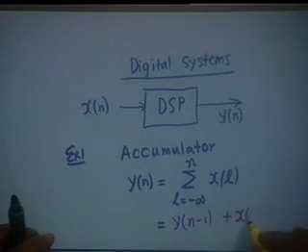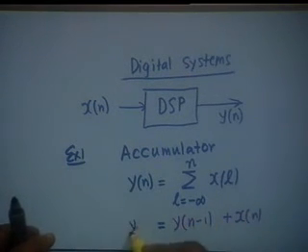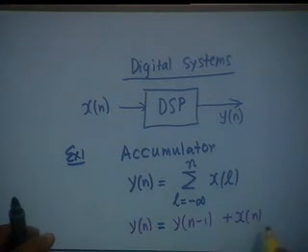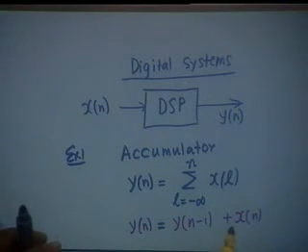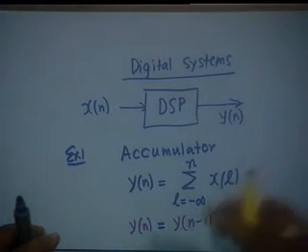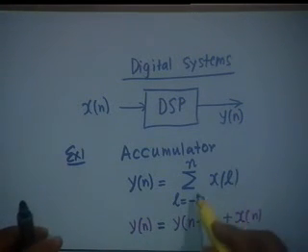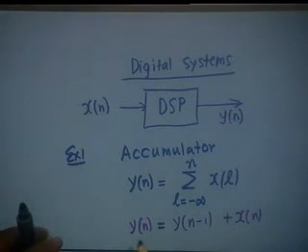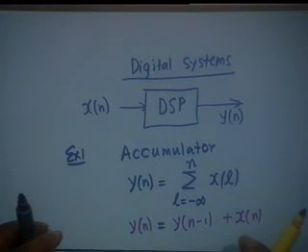Plus x of n. So, this accumulator can be described by a difference equation like this, where we have avoided the infinite summation. This is an infinite summation. We have expressed it in terms of finite quantities, a difference equation, but this equation is a recursive equation.